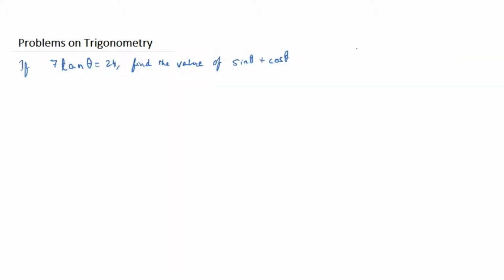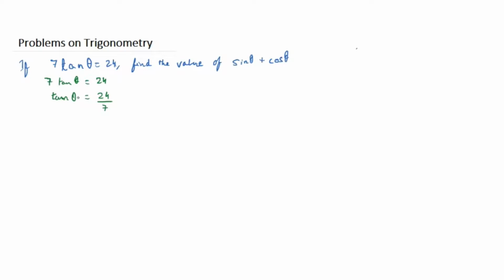Now we come to the next problem that we have. We are given that if 7 tan theta is equal to 24, find the value of sine theta plus cos theta. So if 7 tan theta is equal to 24, that means dividing both sides by 7, we get that tan theta is equal to 24 over 7.